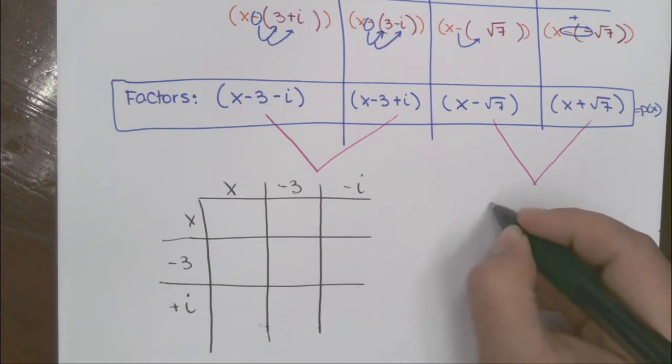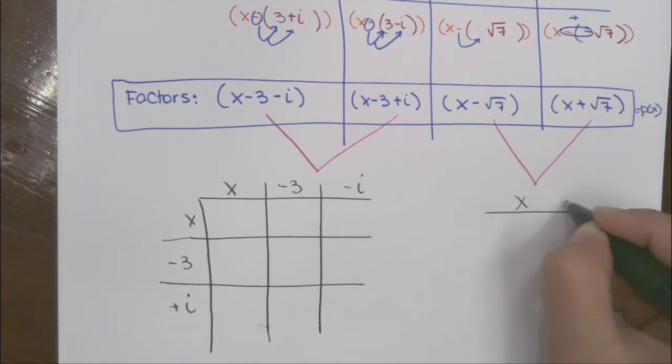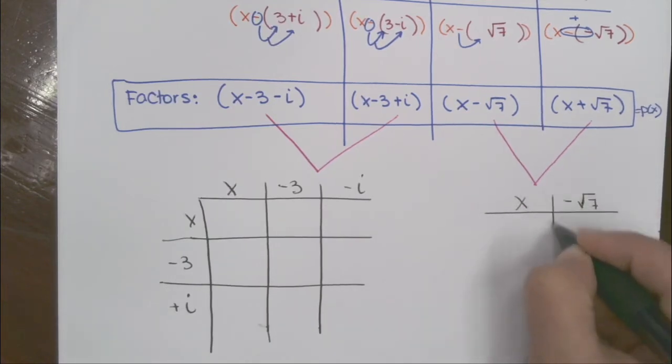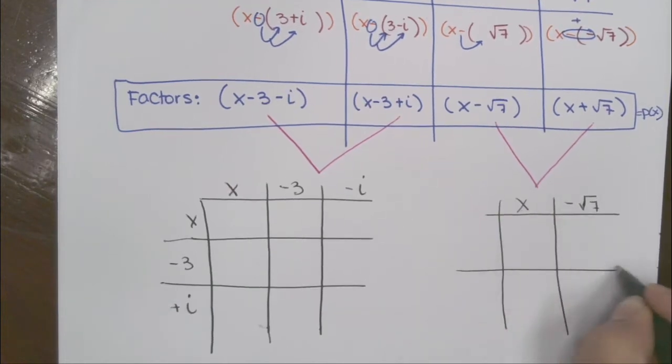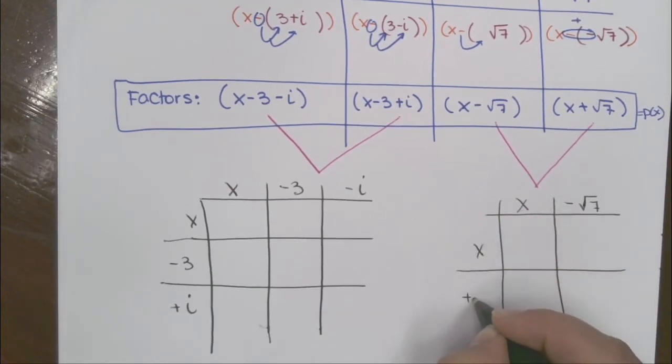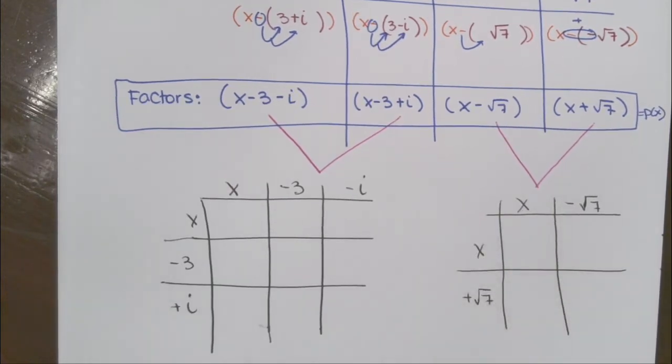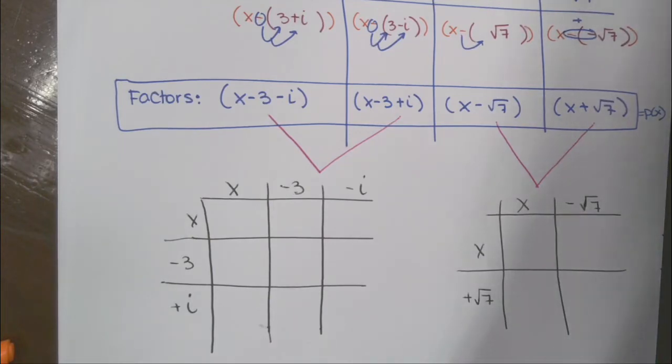So that's our first one. Our second one will be x minus root 7 and x plus root 7. And we're going to multiply that out and see what we get. I'm going to switch to pencil because I don't want to accidentally make a mistake. So that way I get to erase.